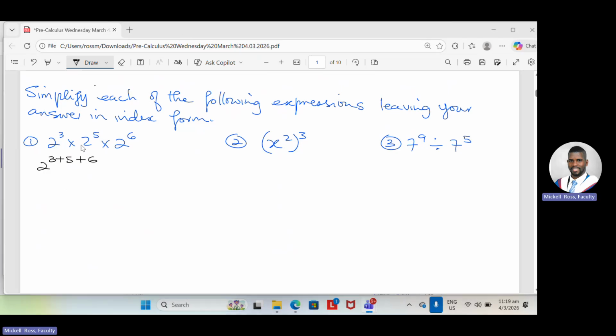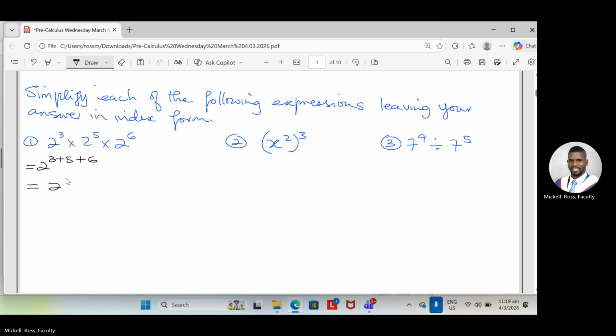Since the base is the same, all we need to do is add the powers, right? So this is going to be 2 to the 14th, right? Since you have a power raised to another power, it's going to be x to the 2 times 3, which is going to be equal to x to the 6.